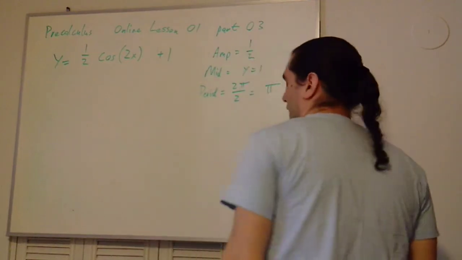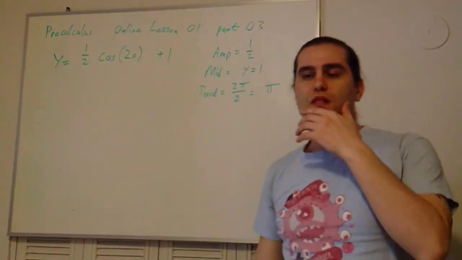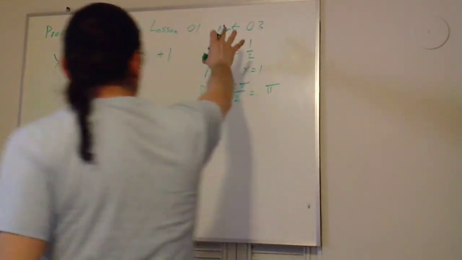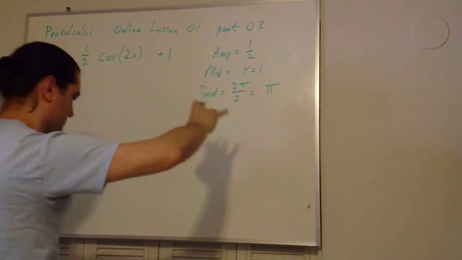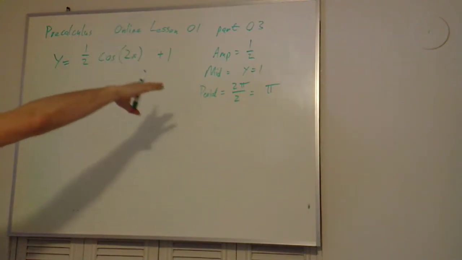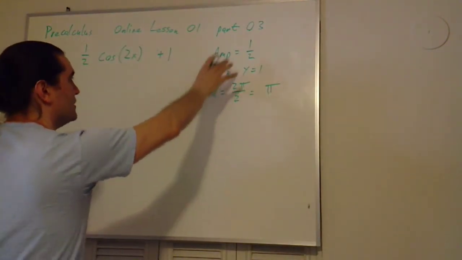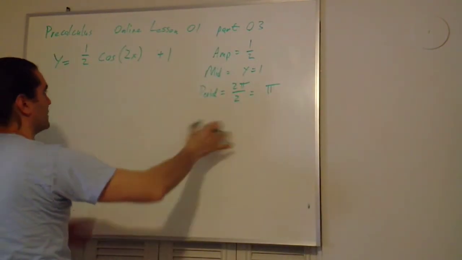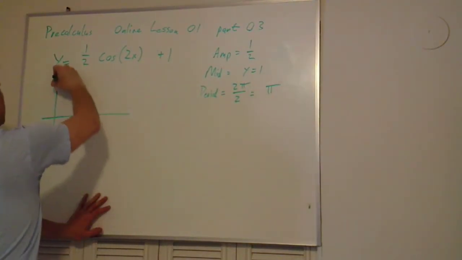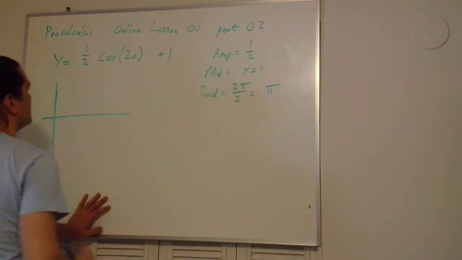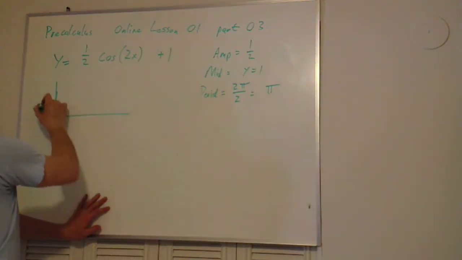So that'll just give me a period of pi. Once you have all of these things down, and there's a fourth one that we're going to talk about later that's going to make things really exciting, which is why we're saving that one for last, you can start preparing what this graph is going to look like. So the midline is going to be 1.